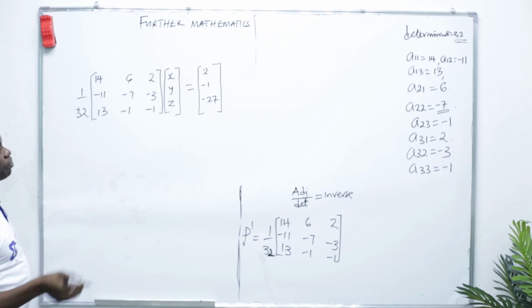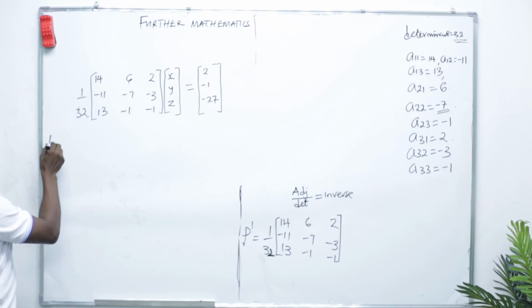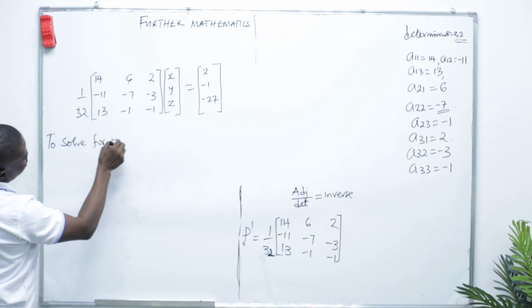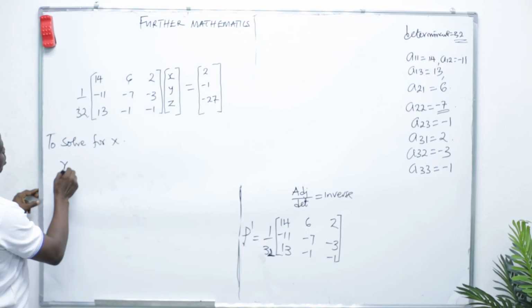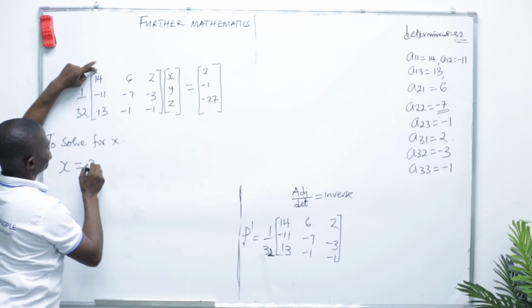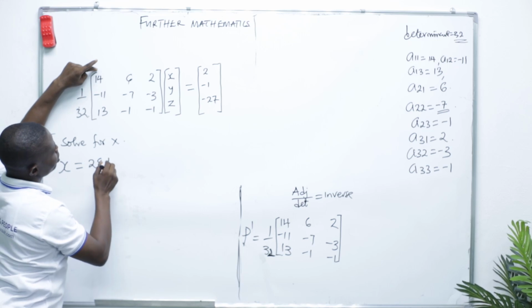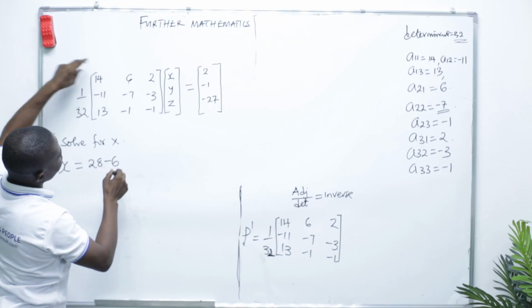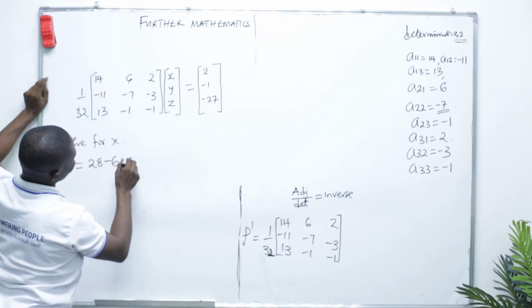Now to solve for x equals 14 times 2, 28, minus 6 times 1, minus 6, 2 times this, minus 54.